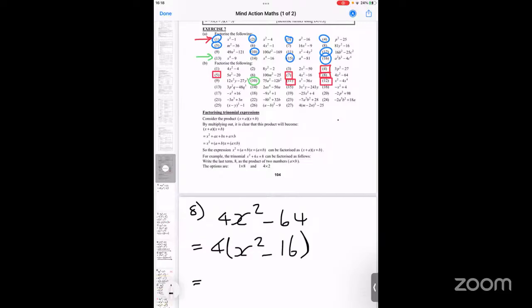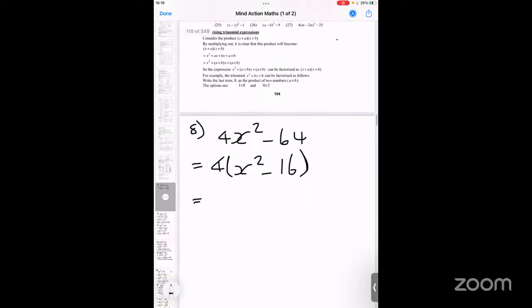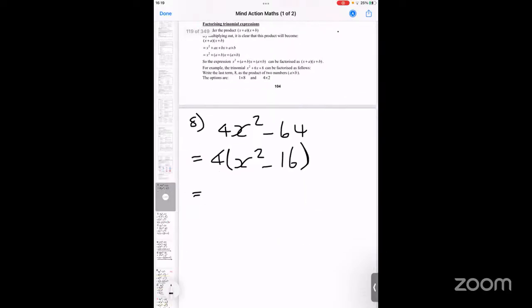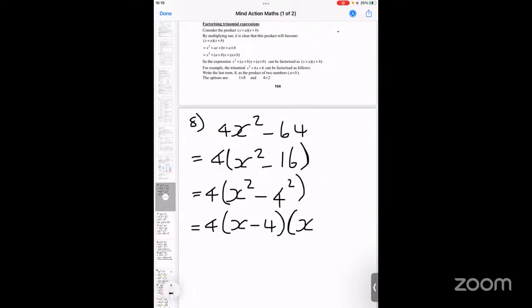And let's see, what is therefore going to be the next step? You write 4 open bracket x to the power of 2 minus 4 to the power of 2 close bracket equals 4 open bracket x minus 4 close bracket open bracket x plus 4 close bracket.